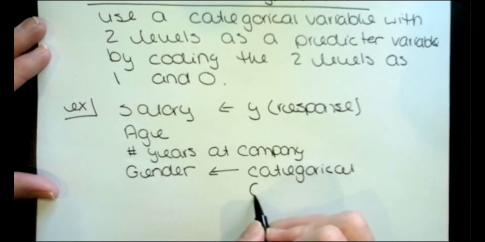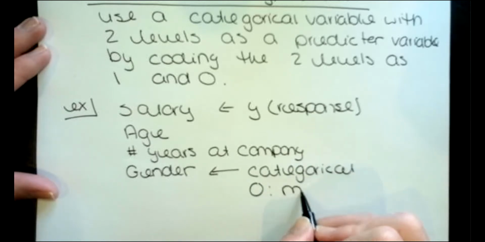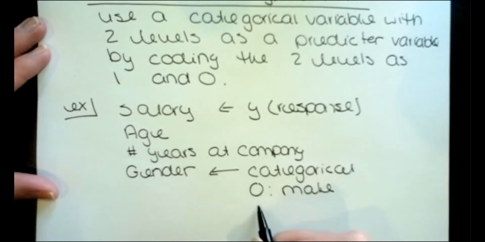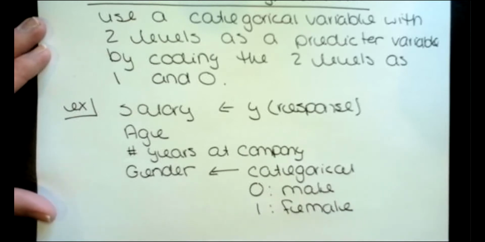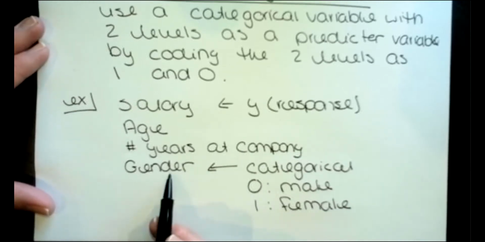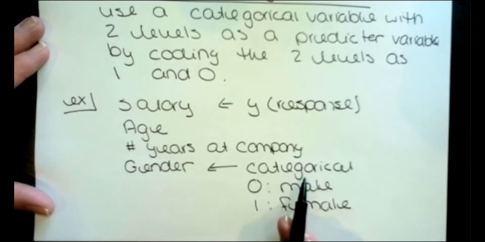So maybe a 0 means that you're male, and a 1 means you're female. Now we can take this gender, and it is categorical, but it looks to Minitab as numerical, 0s and 1s. And that's what we're going to do today.